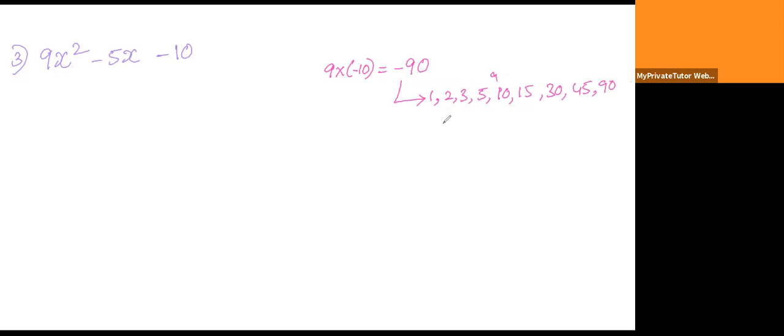Yeah. So please take all negative numbers as well, and please tell me which are the two numbers. The two numbers add up to minus 5, the middle number, and multiply up to minus 90. Please pick the two numbers which add up to minus 5 and multiply up to minus 90.